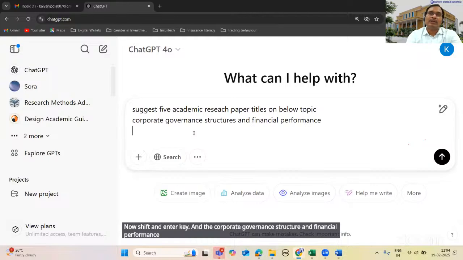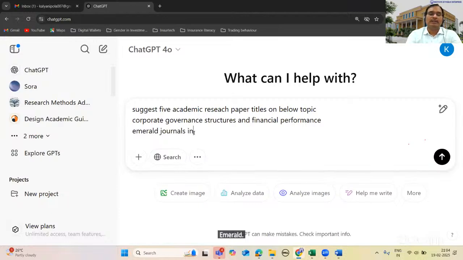Then here you can ask for Emerald journals in the area of finance, as a target journal.